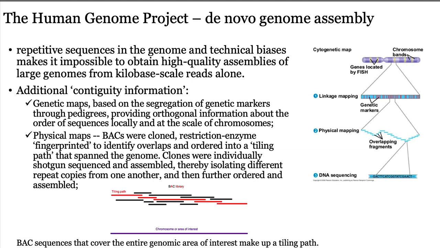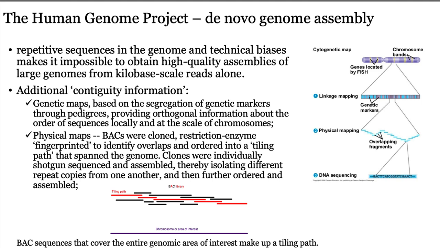We can start with this step. We look at the overlap between sequencing reads and assemble them into relatively larger pieces we call contigs. A contig is basically sequencing reads assembled into a longer fragment of DNA.